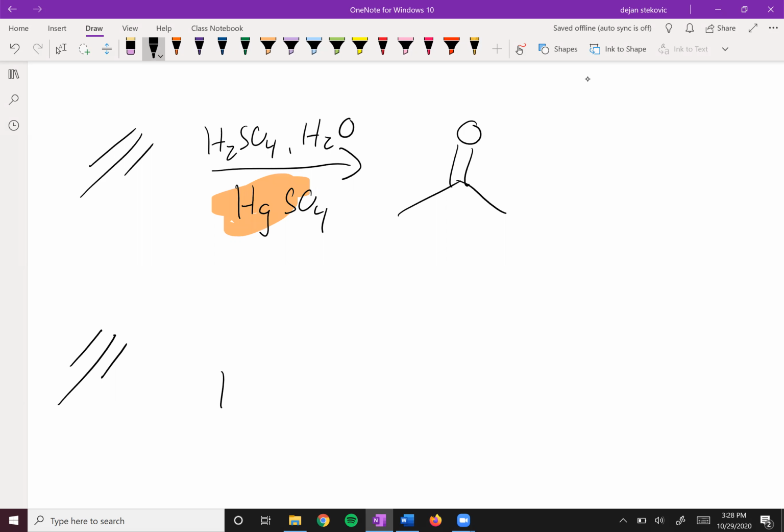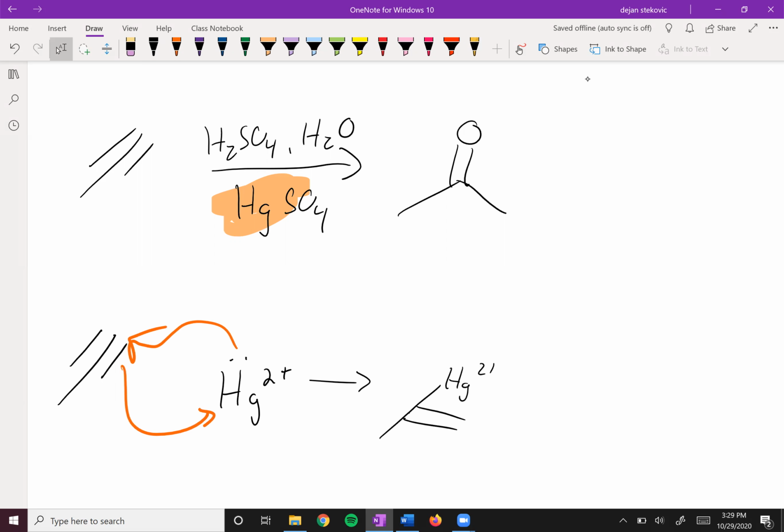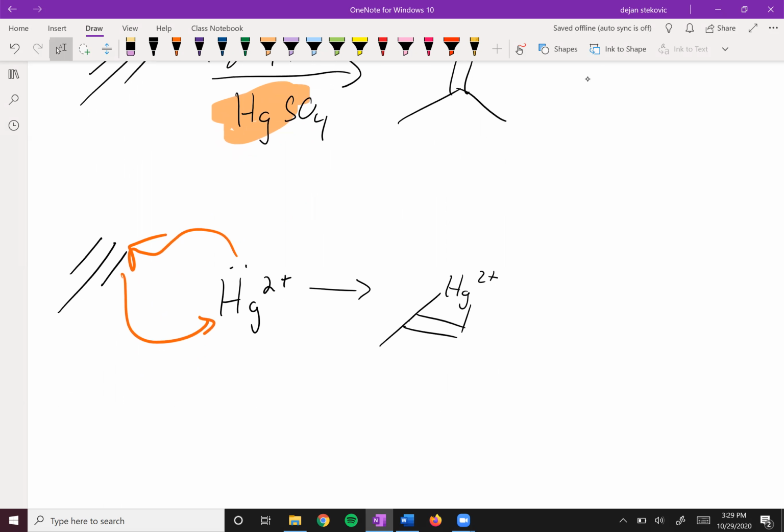So we have our alkyne, we have our mercury 2 plus. The first step is going to be attacking our mercury and forming our 3-membered ring. Depending on which source you read, you might see a cation or you might see this 3-membered ring. After this, we can have water attack, and it's going to attack the more substituted side as we previously learned.